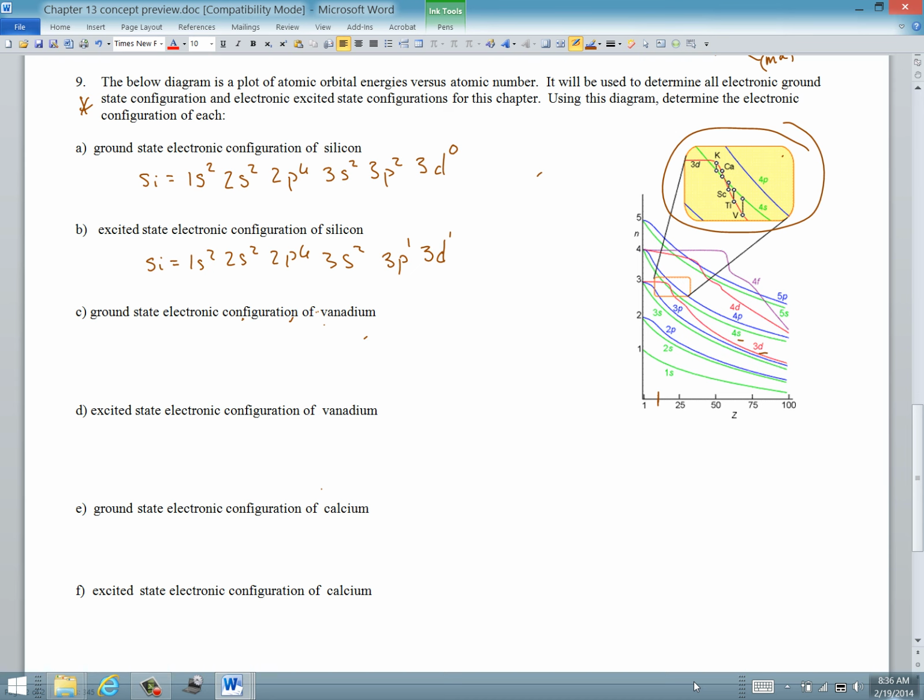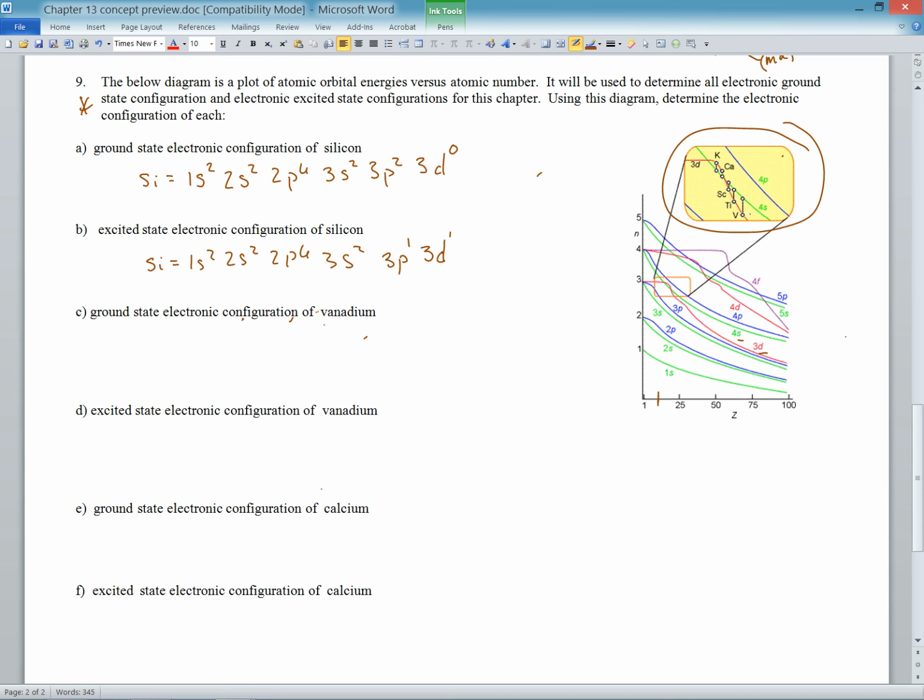So that's going to become 3D4, and then what's next? 4S1, right? Isn't that the next one for vanadium? Vanadium is 3D3 4s2. You're supposed to follow the little graph.